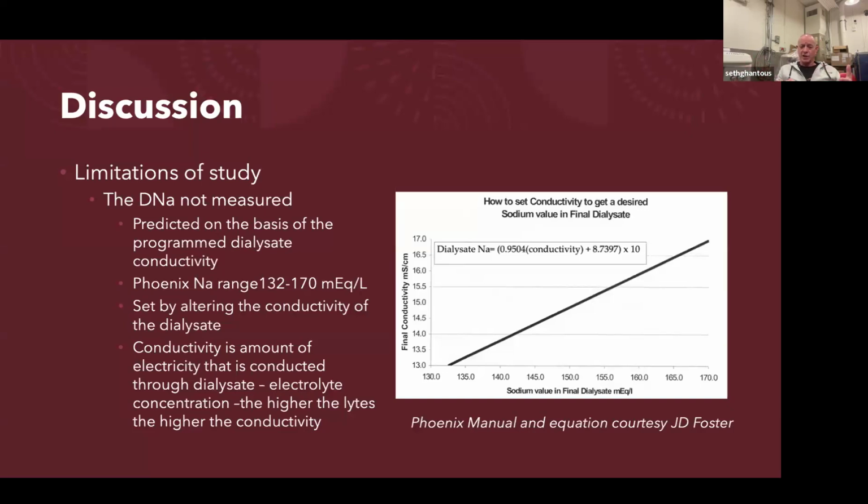You can see this graph is from the manual of the Phoenix, and then Dr. Foster made a regression equation for it that shows you how the conductivity relates to the final sodium value in the dialysate. Again, the conductivity is the amount of electricity that is conducted through the dialysate, and it's based upon the electrolyte concentration. The higher the electrolyte concentration, the higher the conductivity will be.